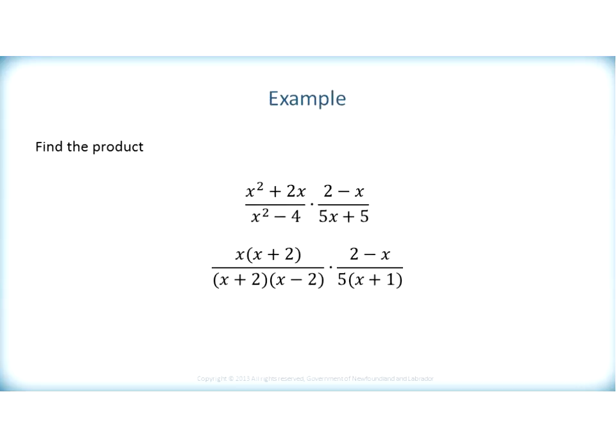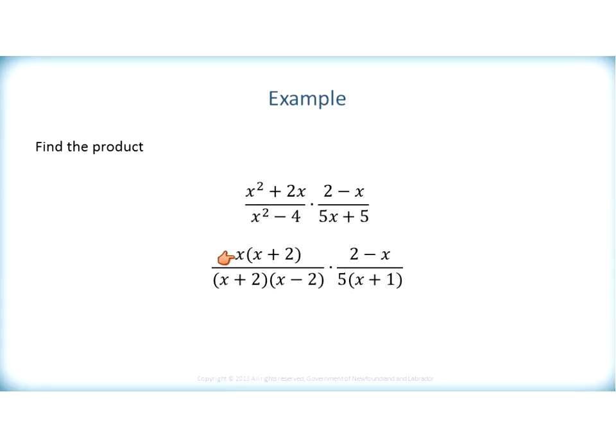Let's find the product once again. Once again, we must factor before we try to cancel any of the common factors. As you can see, in the numerator of the first rational expression, we have a common factor in x squared plus 2x.